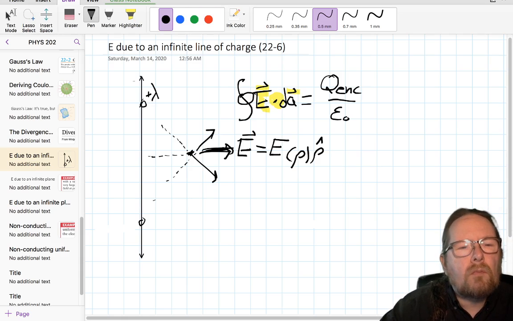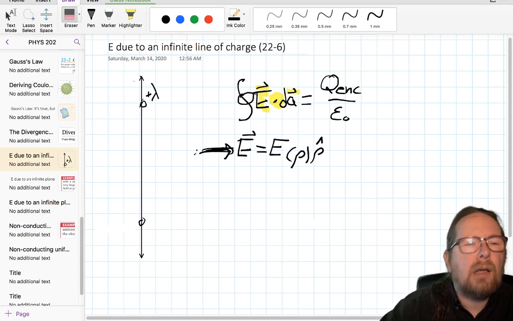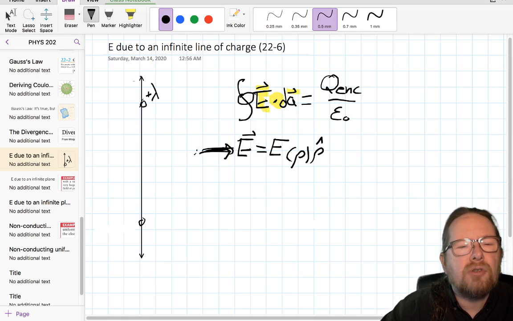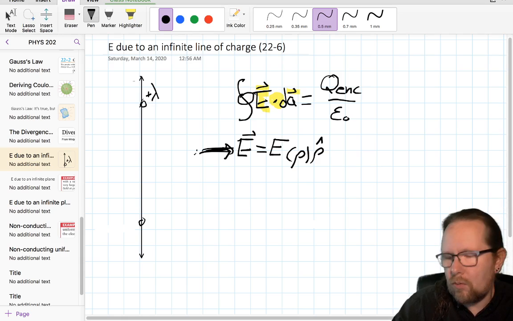So, what is the right shape to draw in order to capture this electric field and this relationship between the electric field and the direction vectors? Well, if the electric field is always radially out from the line, we want to choose a surface whose normal will always be perpendicular to that electric field.